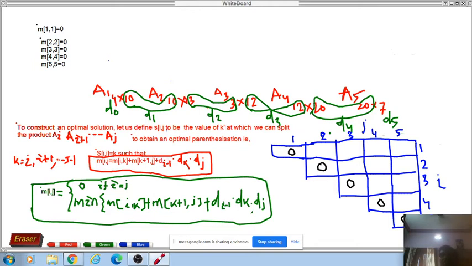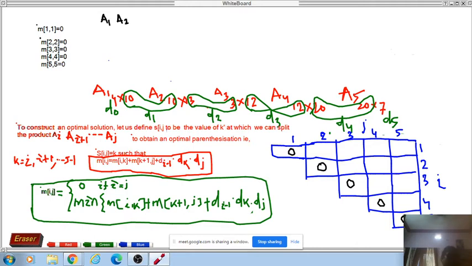1 row 2 column. This is my row. I want to find out the value of 1 row 2 column. So what does 1 row 2 column mean? It means I want to multiply matrix A1 with A2.